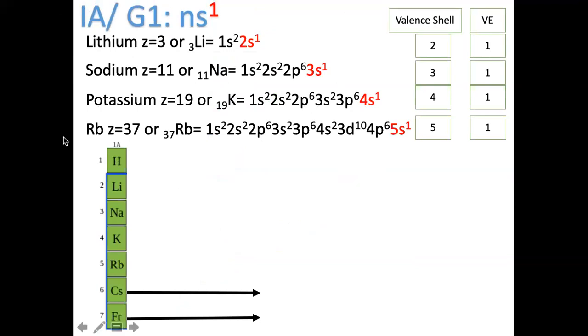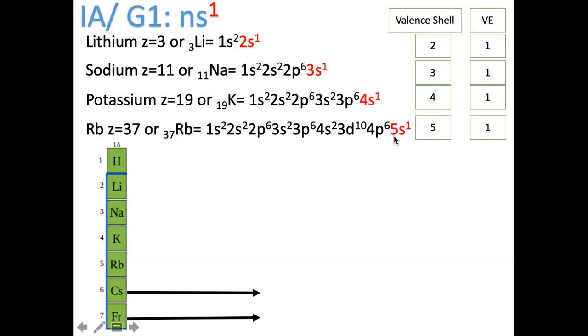Okay, let's first go now with group 1A, or better, this one is called ns1. Observe the lithium, sodium, potassium, as well as the rubidium. Observe that carefully, and observe the ending of the electronic configuration. Now, the valence shell is the main energy level.